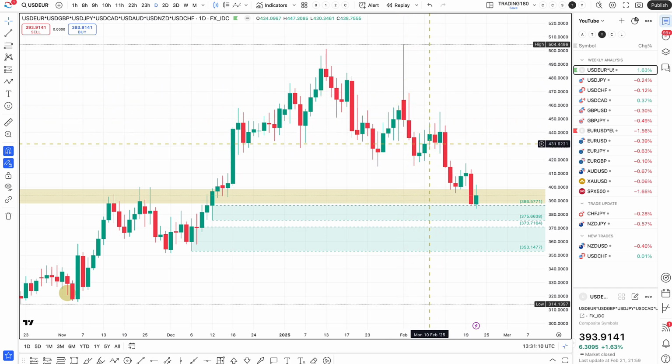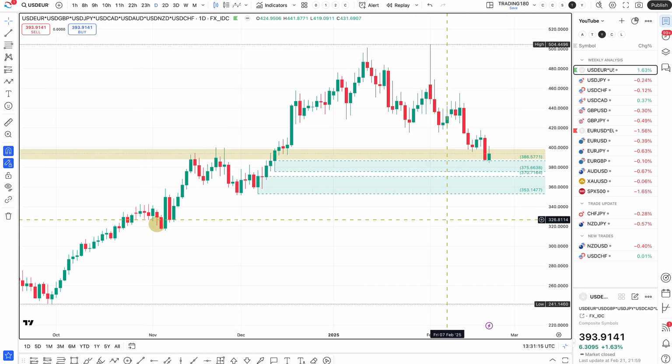The dollar has sold off, and as I said, it's to do with the tariffs and the expectation around what that's going to look like. At the moment, the market is pricing out any aggressive tariffs that may affect GDP and global GDPs, so economies across the globe.